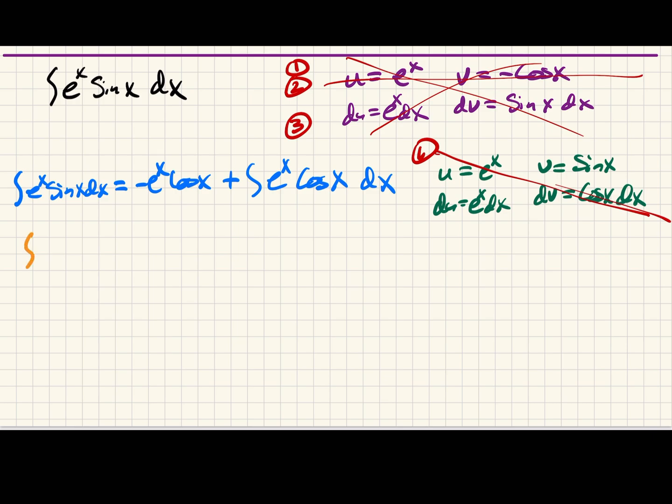So the integral of e to the x cosine x dx is going to be equal to e to the x sine x minus the integral of e to the x sine x dx.